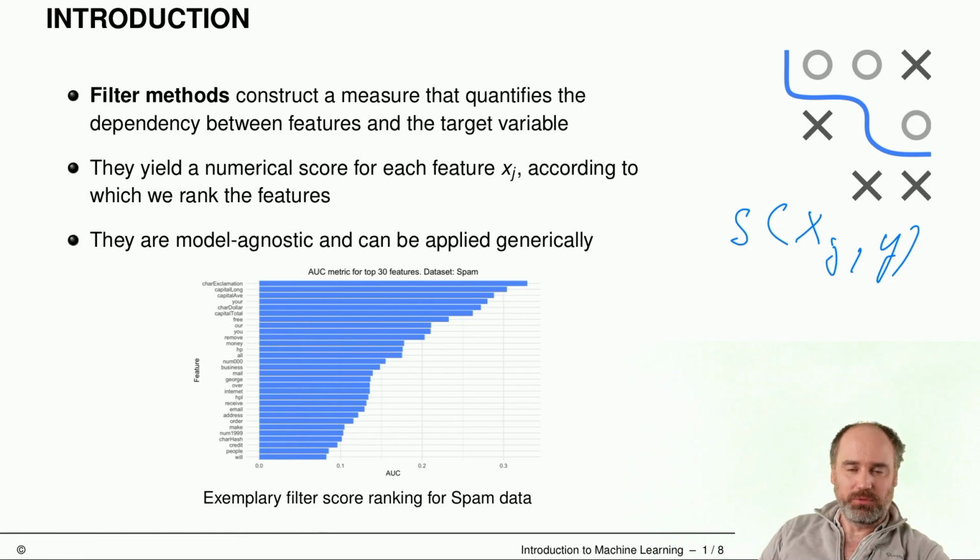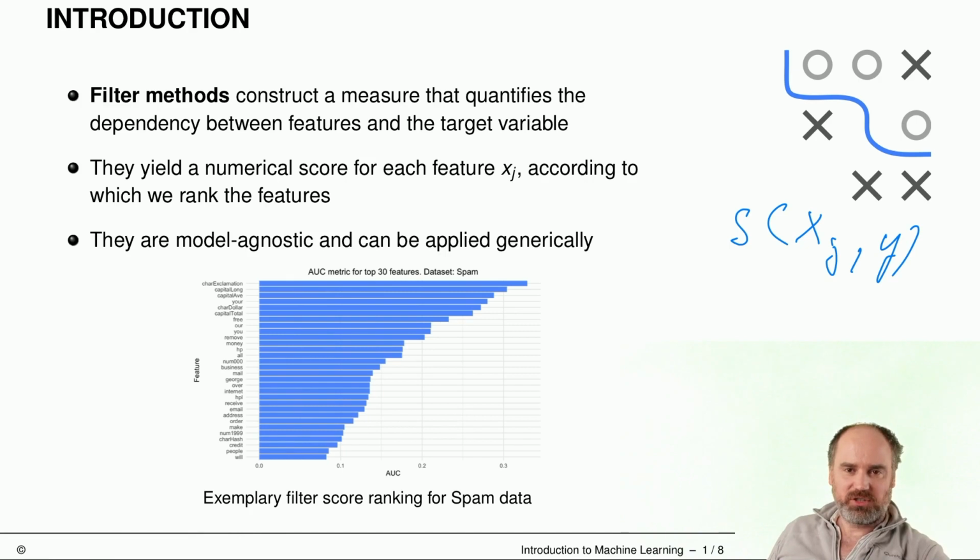Usually we do this for individual features and we then associate a score with each individual feature that tells us how useful that feature could be in predicting y, or how much information can be gained through its observation regarding y.